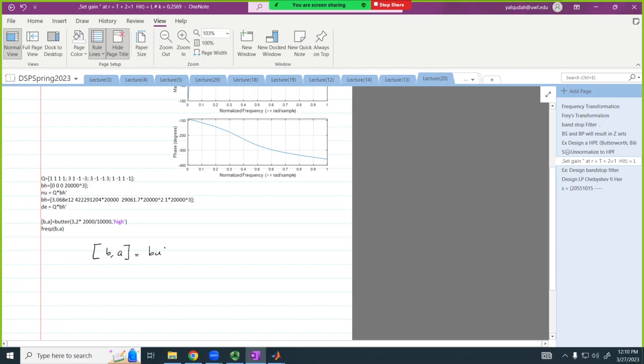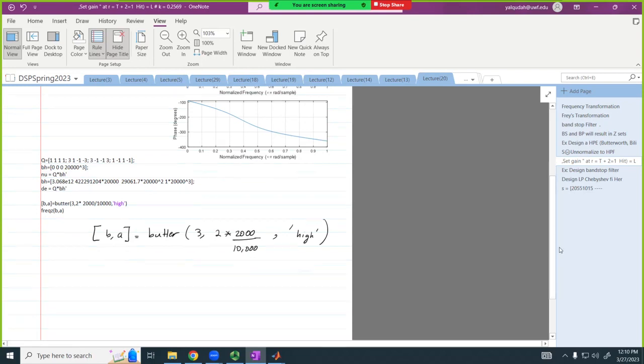B, A equal to butter 3, and then 2 multiplied by 2,000. You got it right there, right? I guess I have it right there, yes. Over 10,000 and high.